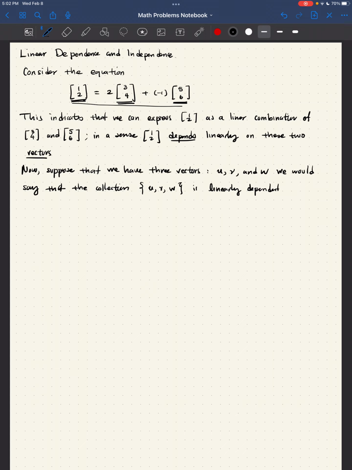if there's an equation like the one that we have above. In other words, if one of the vectors is a linear combination of the others.